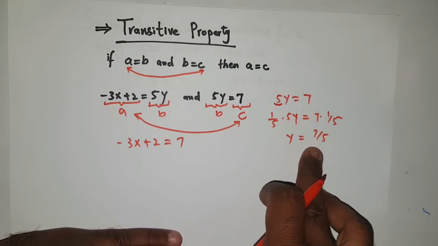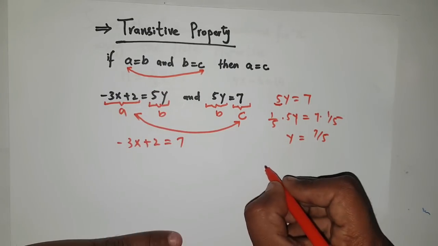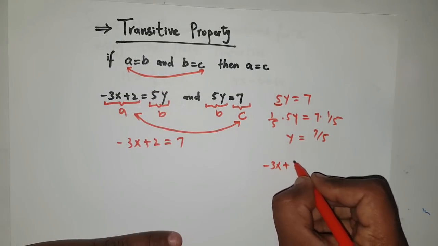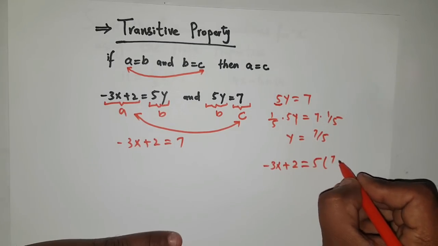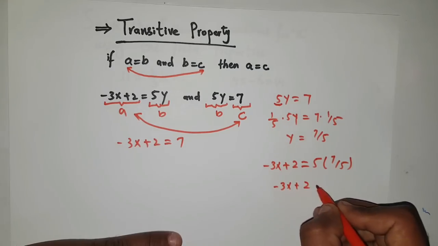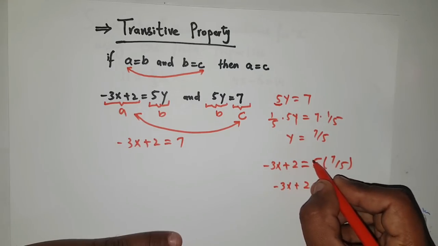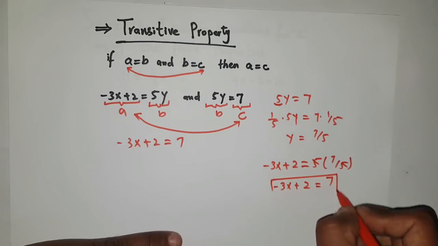Then we will substitute this value here, which means minus 3x plus 2 is equal to 5 times y, and the value of y is 7 by 5, so minus 3x plus 2 is equal to 5 times 7 by 5. We cancel the 5s, and it is equal to 7.